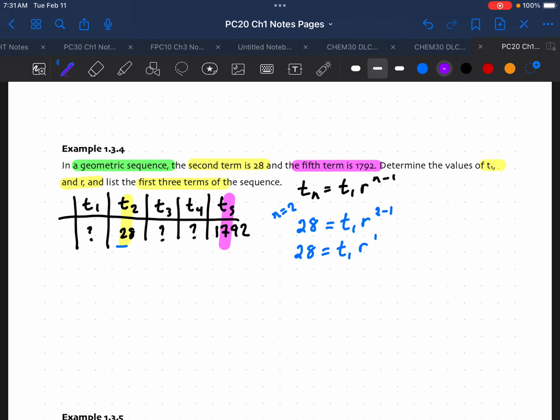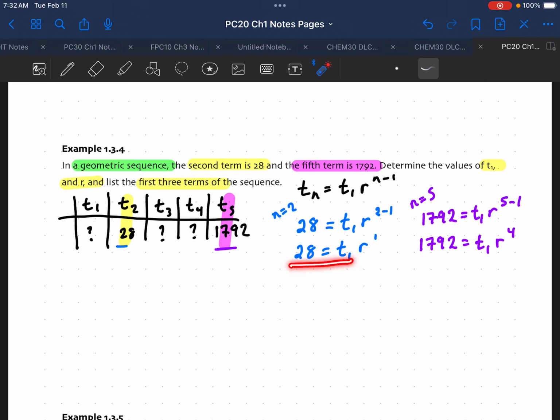So now let's go over to term 5. Now let's do the same thing. So n is equal to 5. We have 1792 is equal to term 1 times the common ratio to the power of 5 minus 1. So 1792 is equal to term 1 times r to the power of 4.